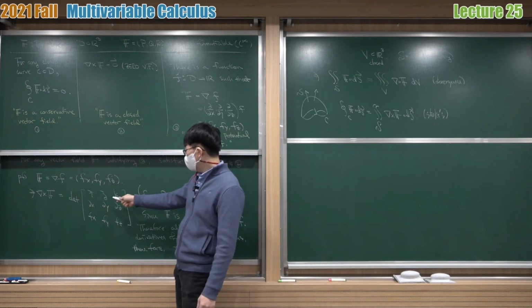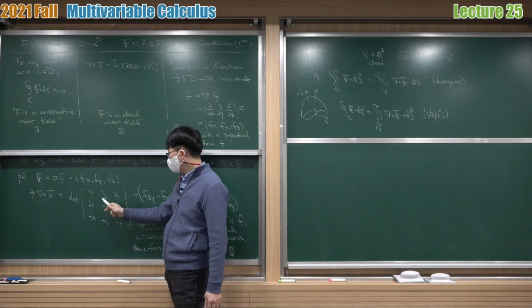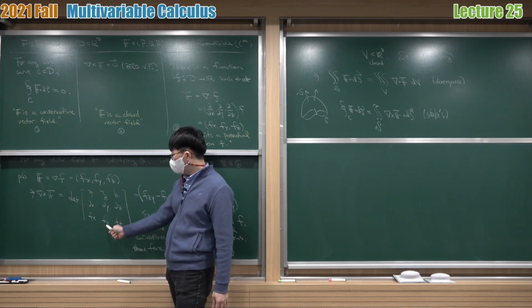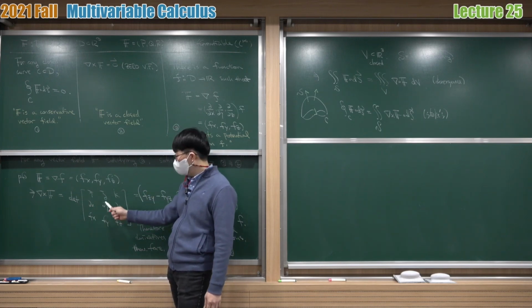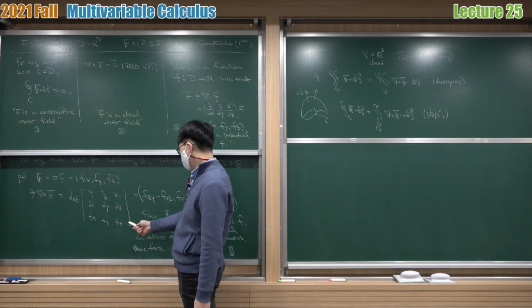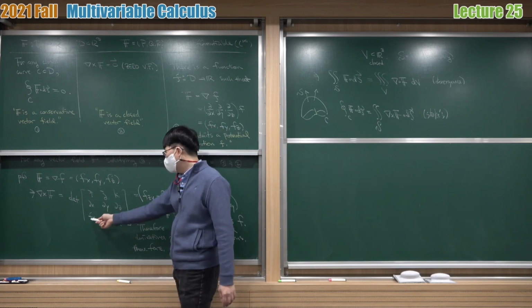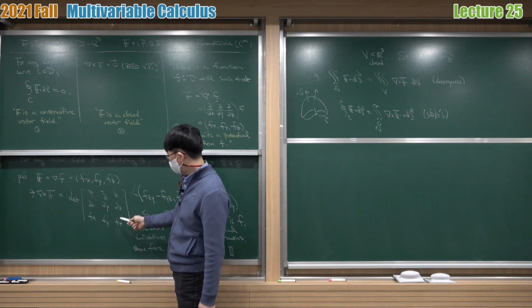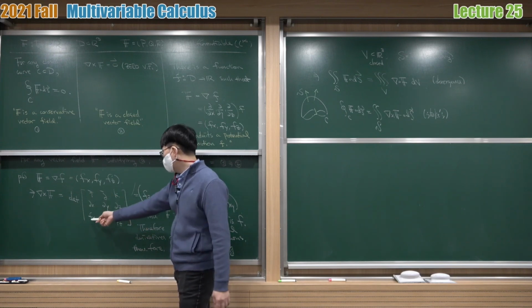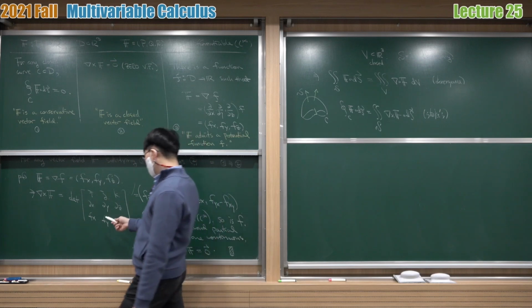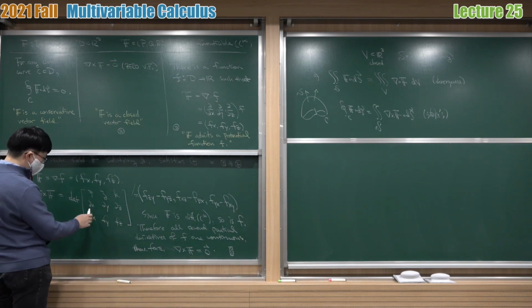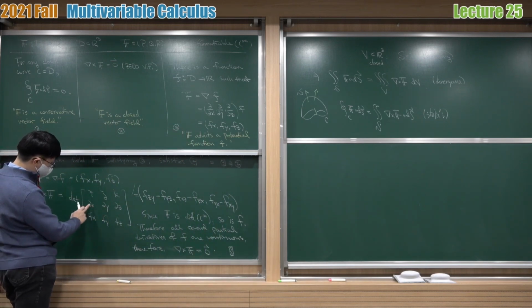So we're talking about the j component, okay? So you take the positive and negative parts here. This is positive. So the j component comes from xz positive.